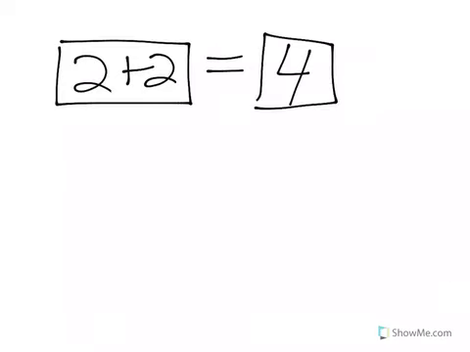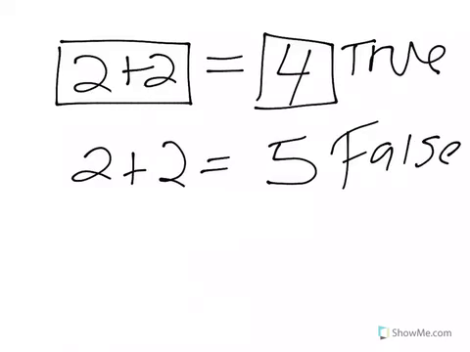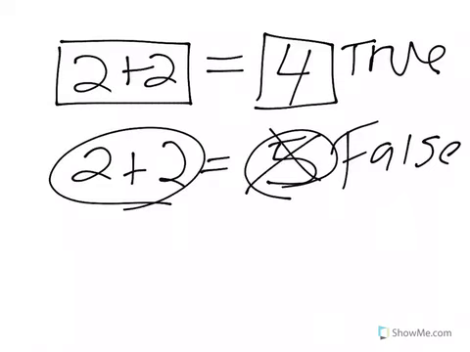So if we have 2 plus 2 equals 5, 2 plus 2 equals 4 is a true number sentence. 2 plus 2 equals 5 is a false number sentence. It's not true, right? Because this side does not equal this side. They're not the same thing. So equal means equal to. That means both sides are the same.